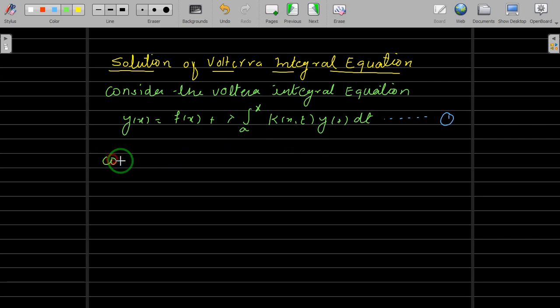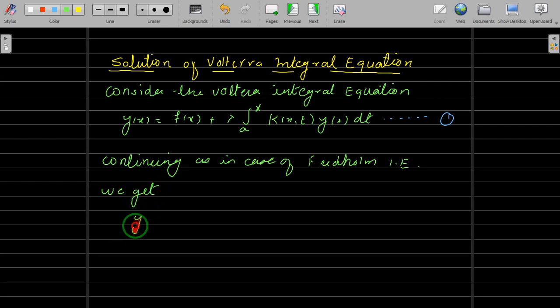So continuing, as in the case of the Fredholm integral equation, whatever procedure we have followed for the Fredholm integral equation, follow the same procedure, and we will get this. I left it as an exercise to check.